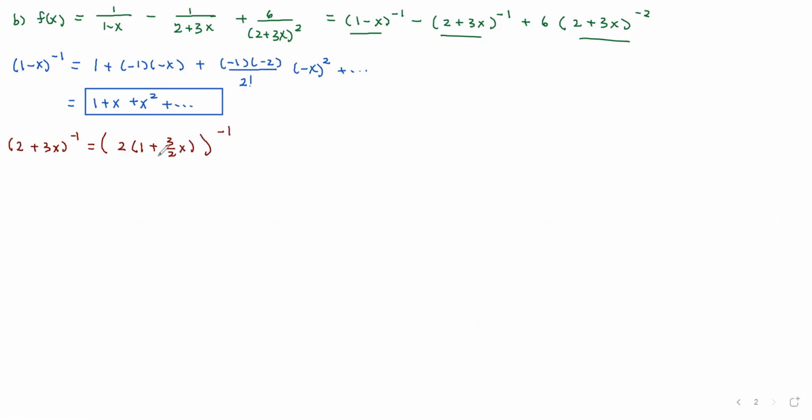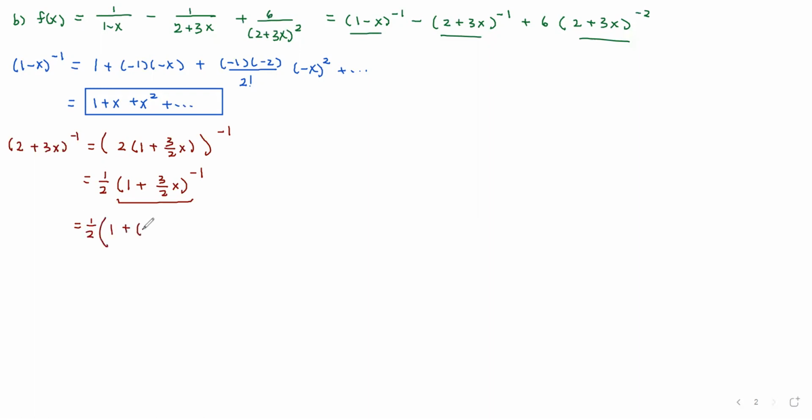We factor out the 2 from this part. Then we have 2 to the negative 1, which is 1 over 2. And we have (1 plus 3 over 2 x) to the negative 1.